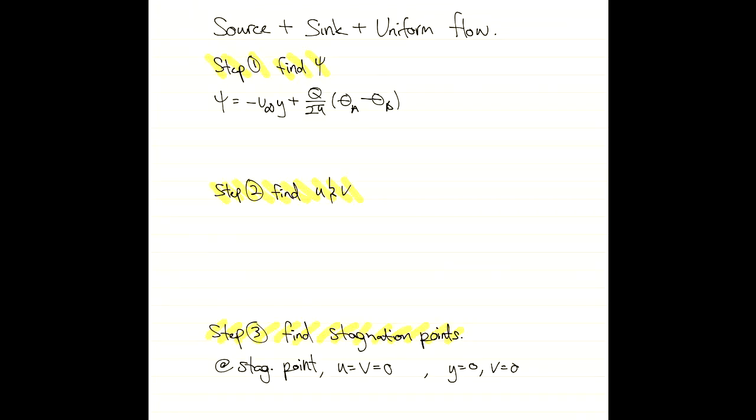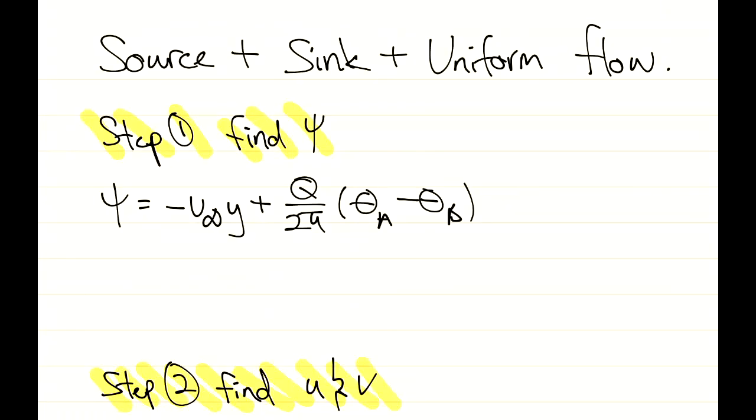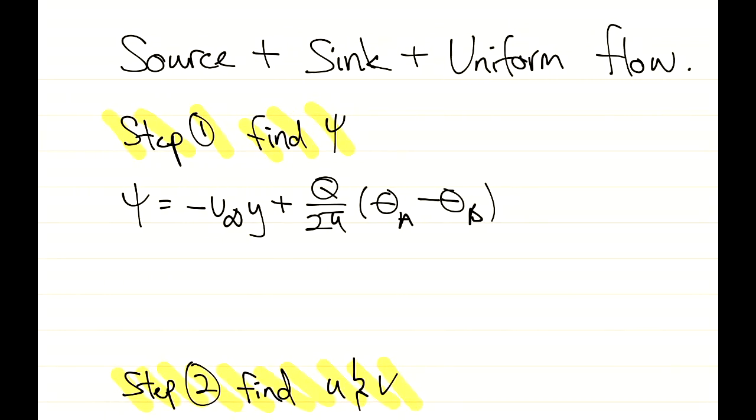The first step is always to write down your stream function. In this case, we want to write it in Cartesian coordinates, because it's easier to find our velocities later.